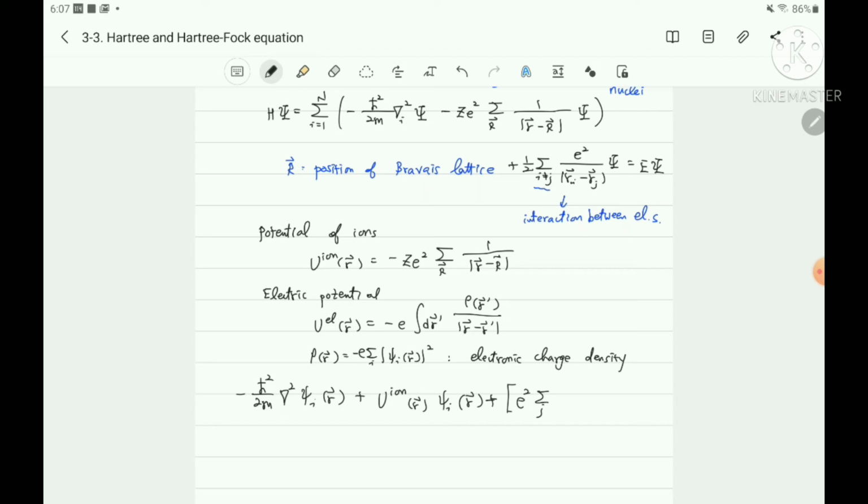Because in this case we only consider the ith electron, we do not consider the ij summation but only the j summation.